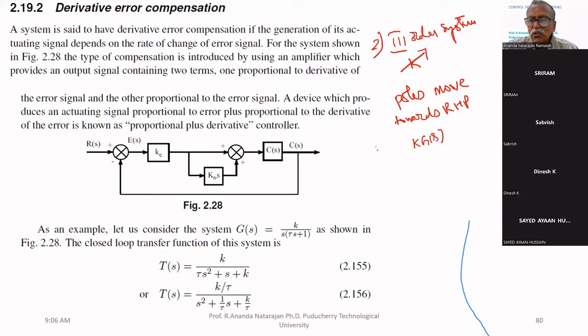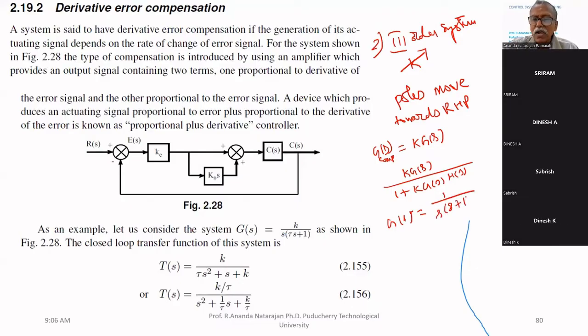The closed loop transfer function of the compensated system is KG(s) upon 1 plus KG(s)H(s). But for a unity feedback system, H(s) equals 1. Suppose G(s) equals 1 upon s multiplied by (s plus 1).